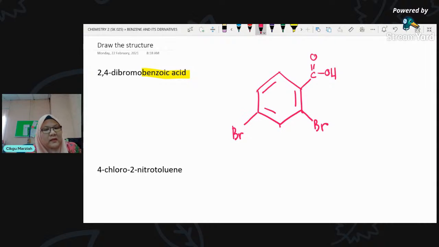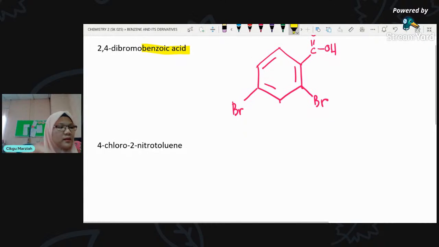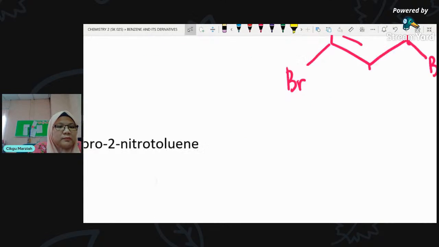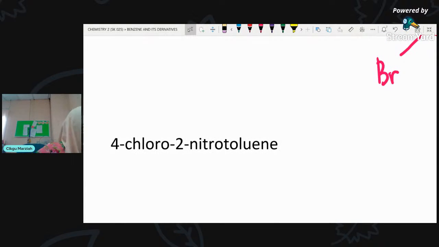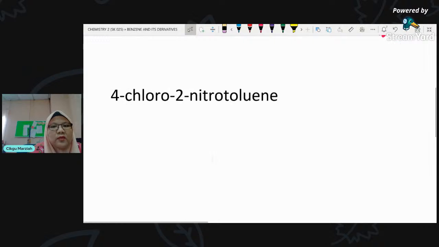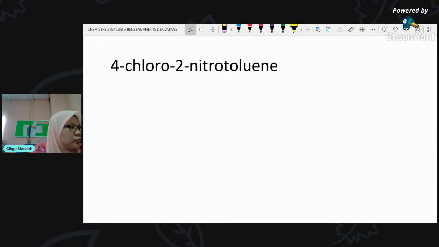Okay, tapi kita tengok nama yang belakang sekali. Okay, the second example. Now 4-chloro-2-nitrotoluene.